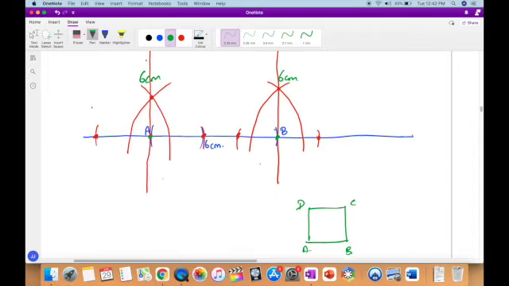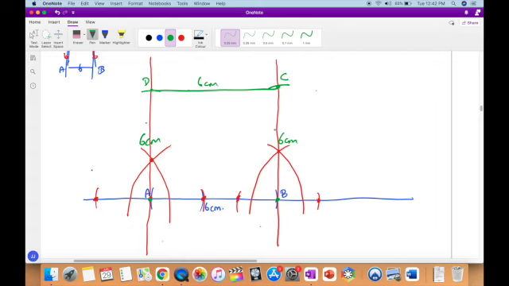Now when they say clearly drawn, please make a point that your construction lines need to be light. Really light. Even though they're clearly drawn, they need to be lighter than the actual drawing. So you want to make sure that the lines for this square that you drew are darker than your construction lines, right?